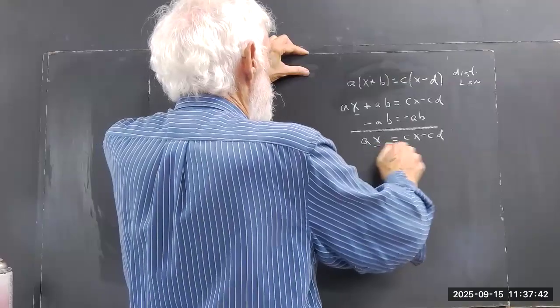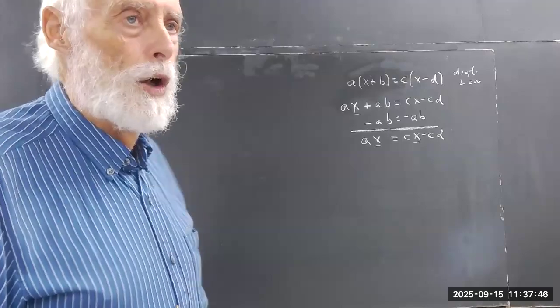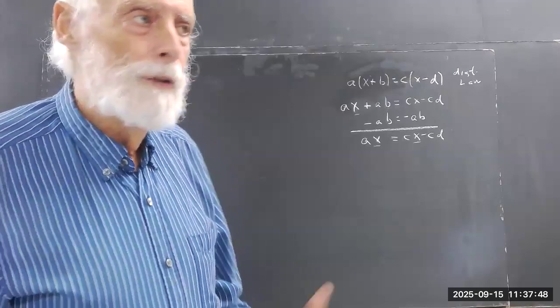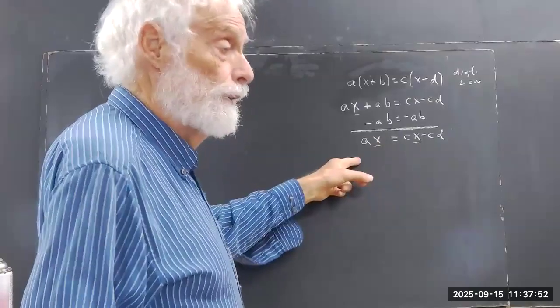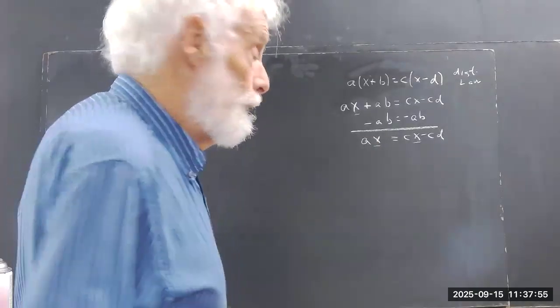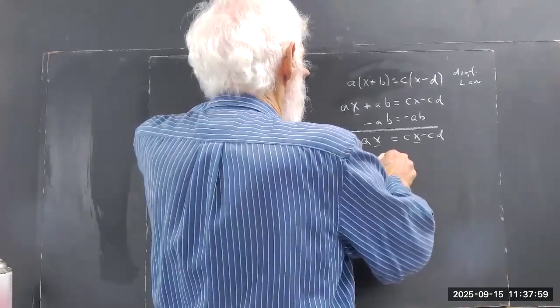Now the problem is we've got an X here and we've got an X here. The X's are not all on the same side. But if you've been doing these with numbers, you know that you can just subtract this from both sides and it'll be over here. Now that leads to a little bit of a complication.